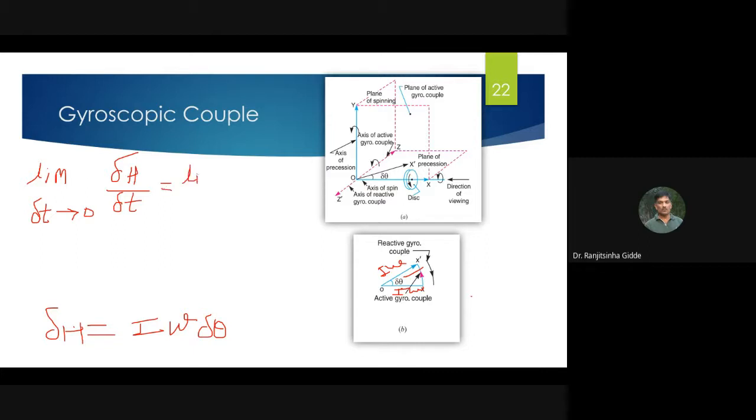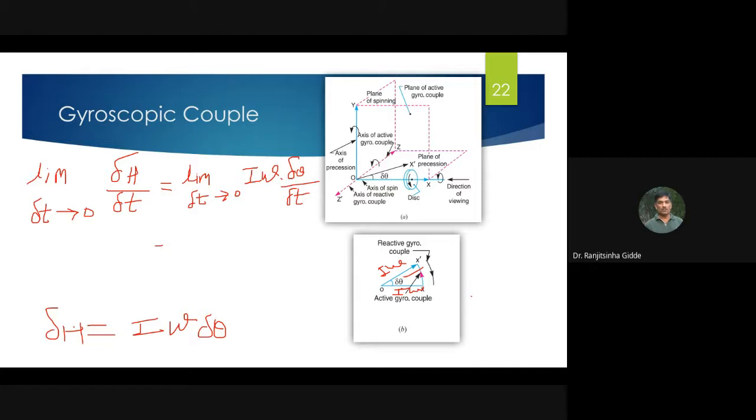limit delta t tends to 0, I omega delta theta upon delta t.